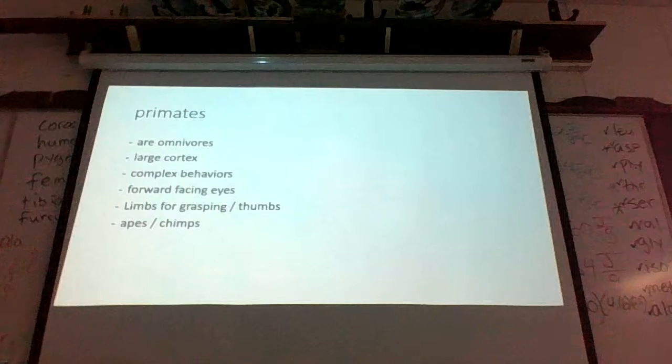And binocular vision, okay, forward-facing eyes. That's a characteristic for many active predators, which is going to be no different for that of the apes and the chimps as well. And the idea of having these forward-facing eyes or binocular vision is so that you have a definite depth perception.